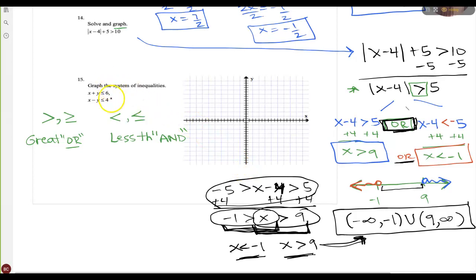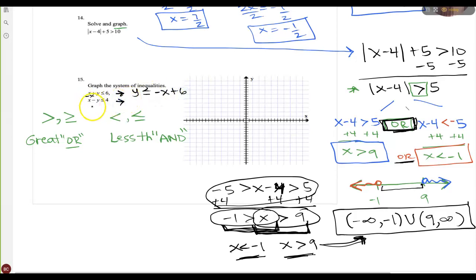All right, and then this one is just graphing a system of linear inequalities. I think it's easiest to put this into y equals mx plus b form, so get the y by itself. I'm subtracting the x here, so I get y is less than or equal to -x plus 6.